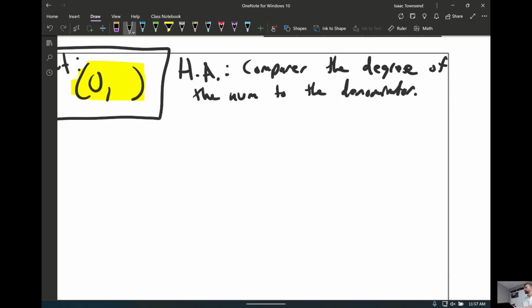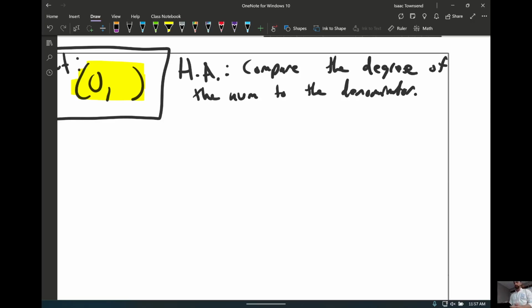Again, feel free to reword these in any way that makes the most sense to you. And there's 3 rules because there's 3 things that could happen.